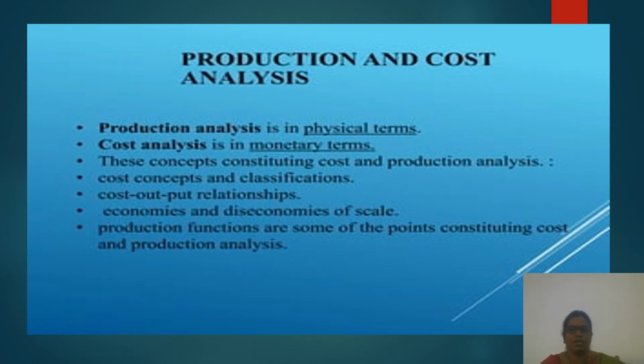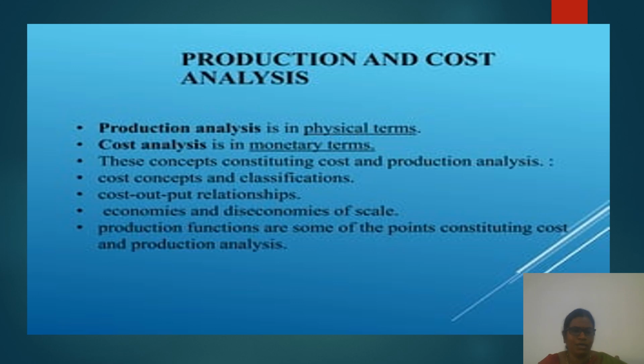Production and cost analysis. Production analysis is the physical term. Basically, it is concerned with the analysis in which the resources such as land, labor and capital are employed to produce firms' final products.